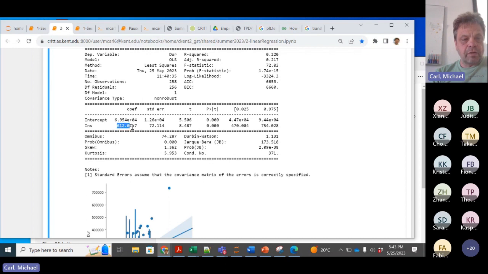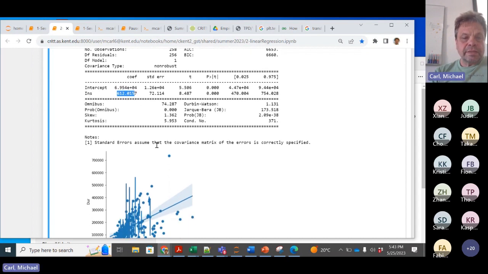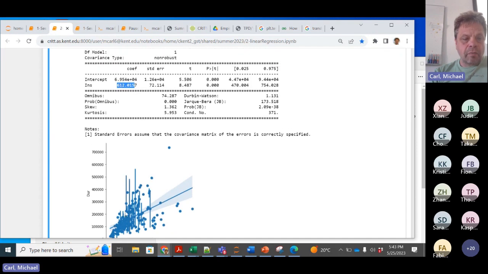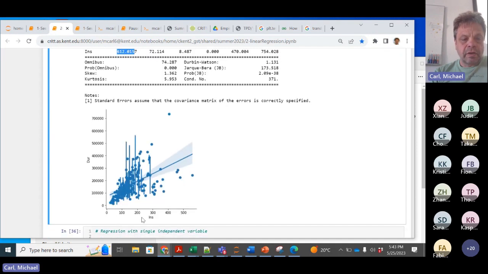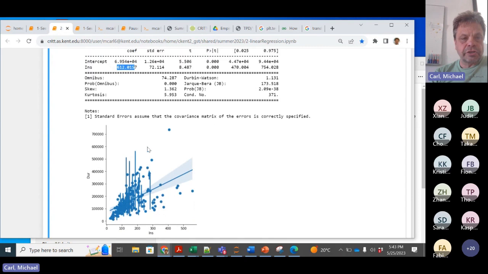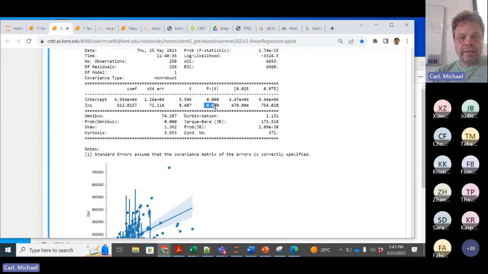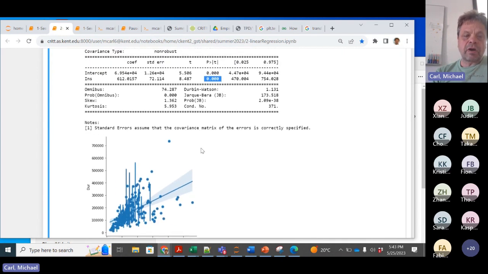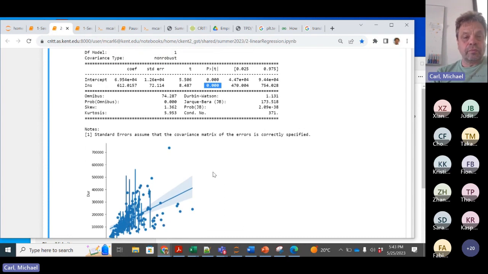In particular, the slope here. That's the effect. So what is the impact of insertions on the duration? And we can see in this value here that both these values are significant. Okay, so we can be quite confident that this is true.